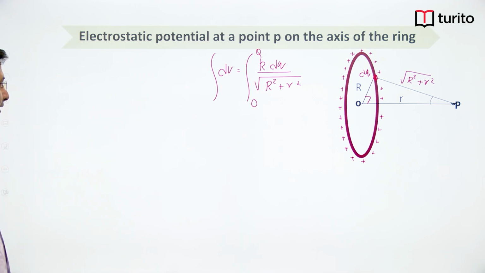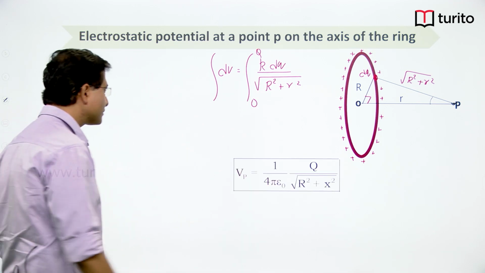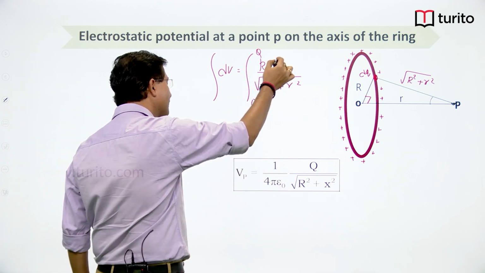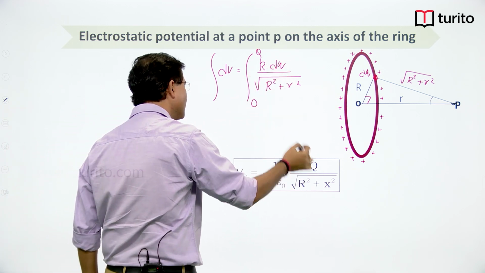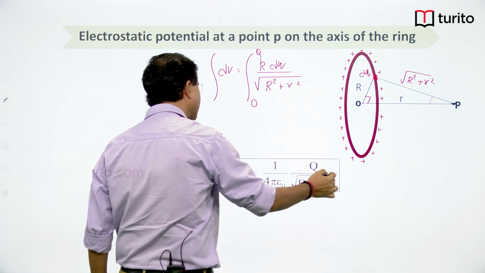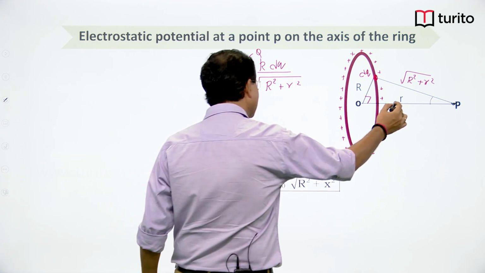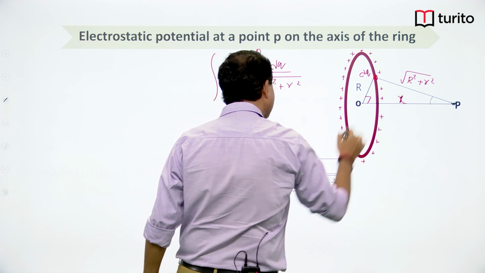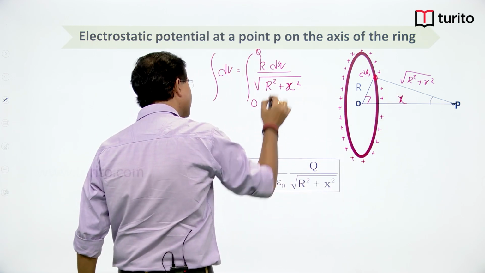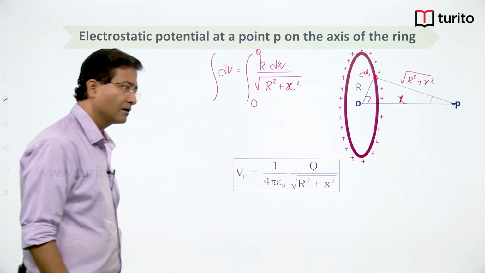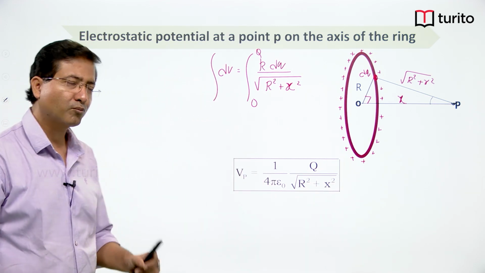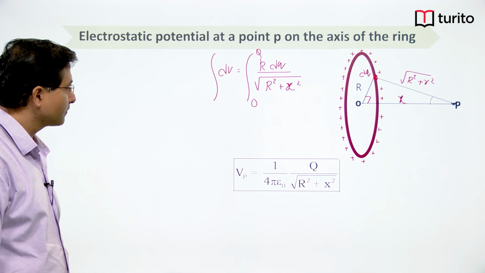So if you integrate, you will get 1 upon 4 pi epsilon naught, integration of this dq is q, and this as it is constant you can directly write the same way, right. Here if you are writing x here, then this will be x, and x is the distance of the point from the center of the ring.